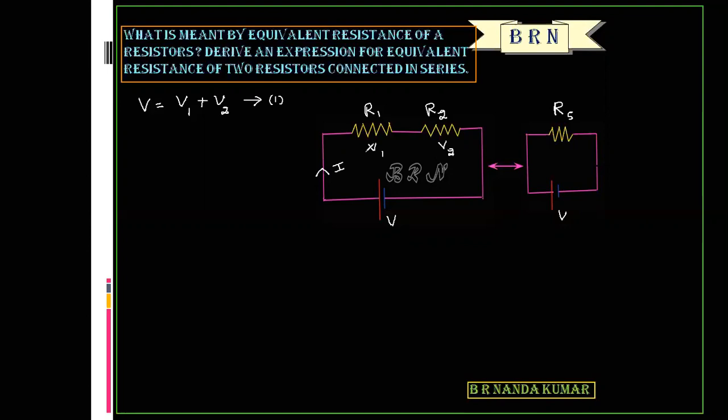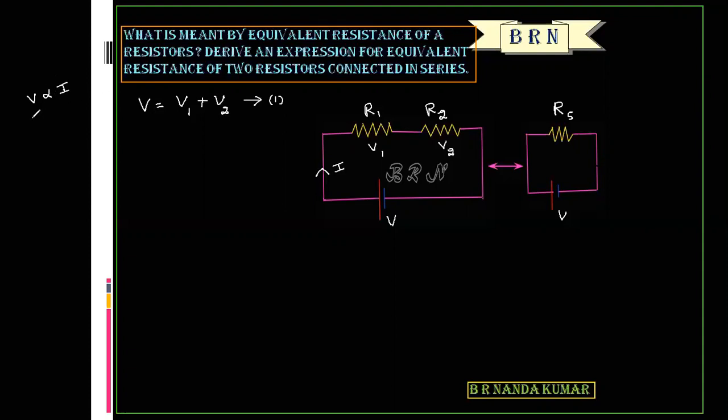Okay, what is the potential difference across R1 and what is the potential difference across R2? That can be calculated by using Ohm's law. According to Ohm's law, the potential difference across the ends of the conductor is directly proportional to the current flowing through the conductor, provided physical conditions, that means temperature, pressure, strain, are kept constant.